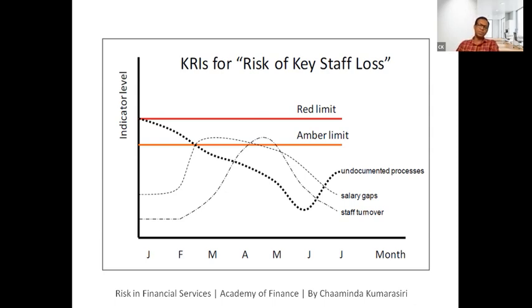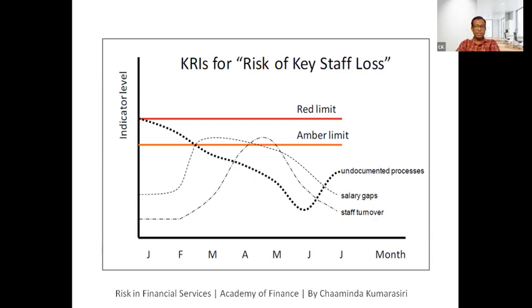So this graph shows you identify key people leaving the organization as a risk factor. Then you define the limits: amber limit and red limit. The amber limit is the limit that alerts you that you must start acting on it. Let's say you have identified labor turnover as the parameter, and the red level is when labor turnover hits 15%.